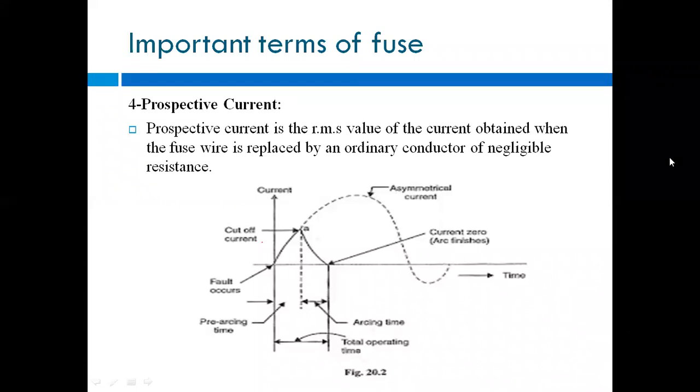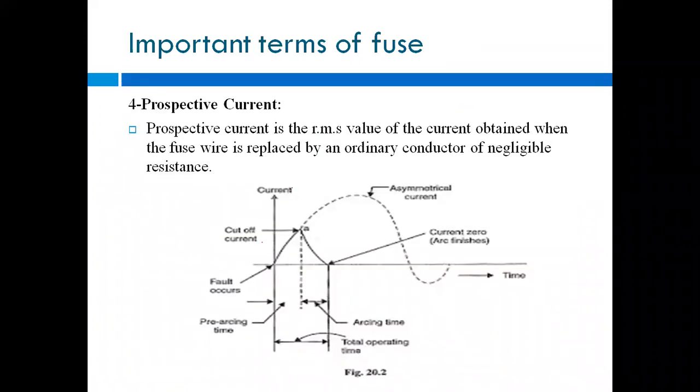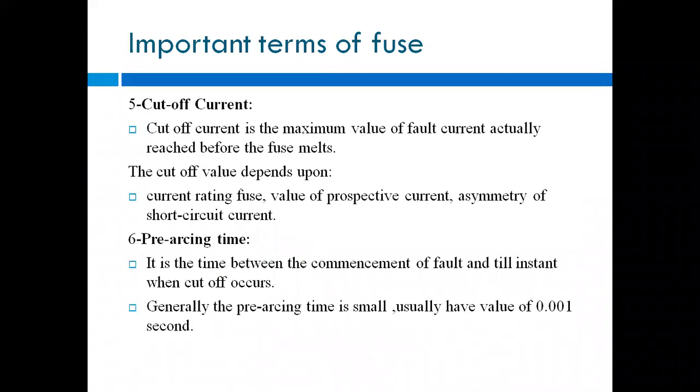Now the next term is the cutoff current. Cutoff current means here it is at point A. Cutoff current is the maximum value of fault current actually reached before the fuse melts.